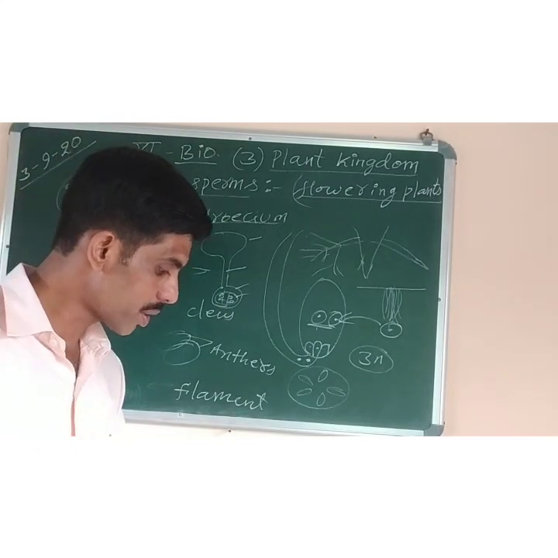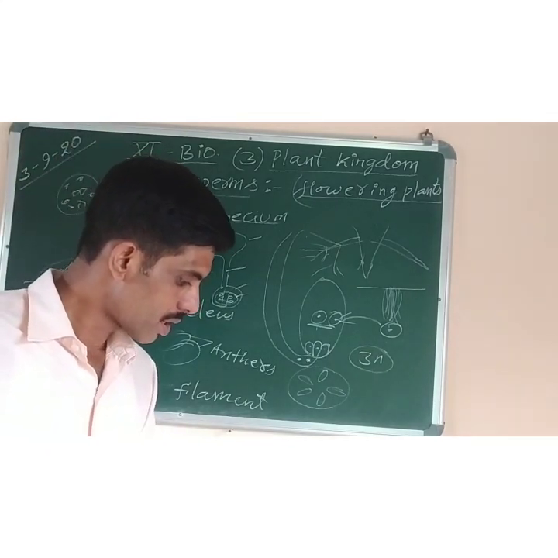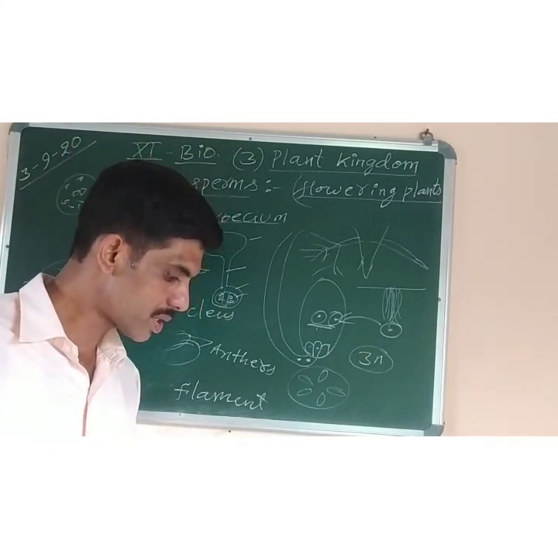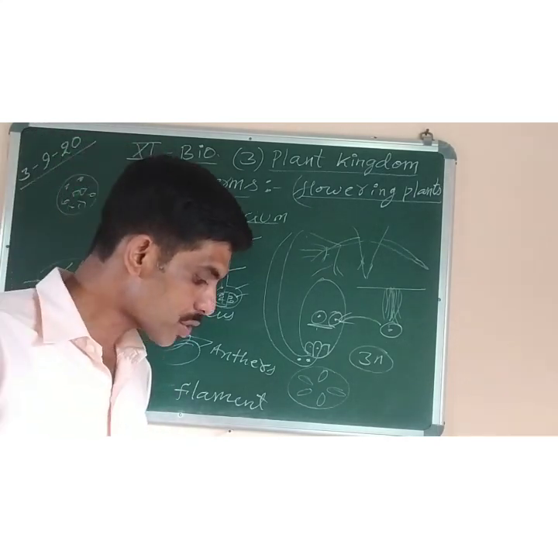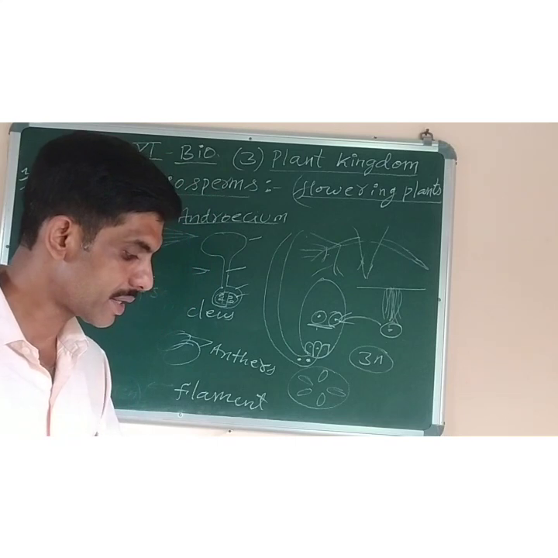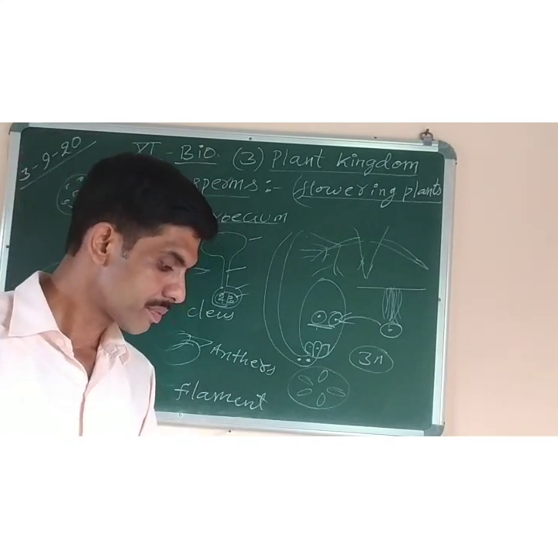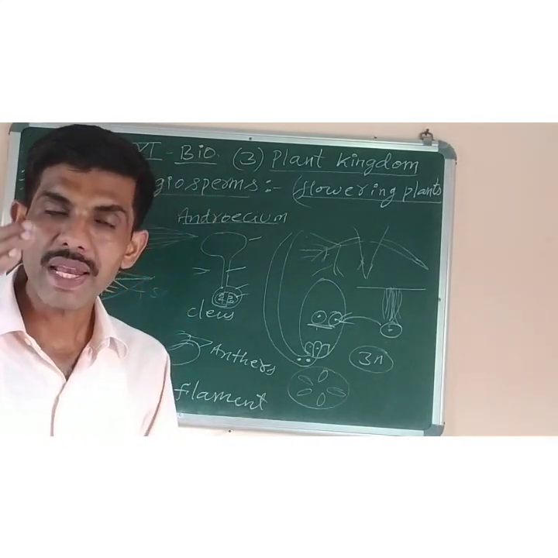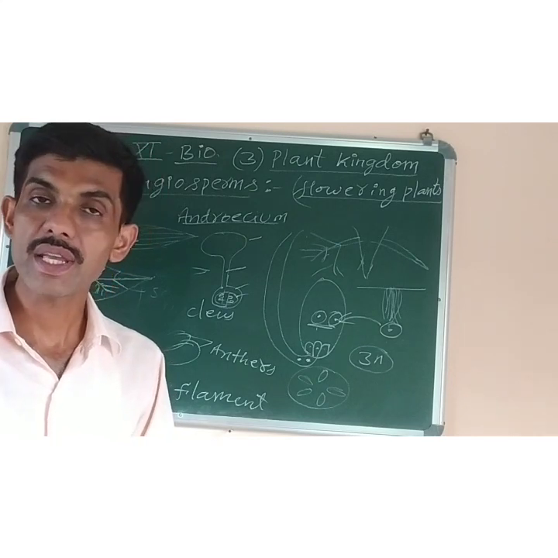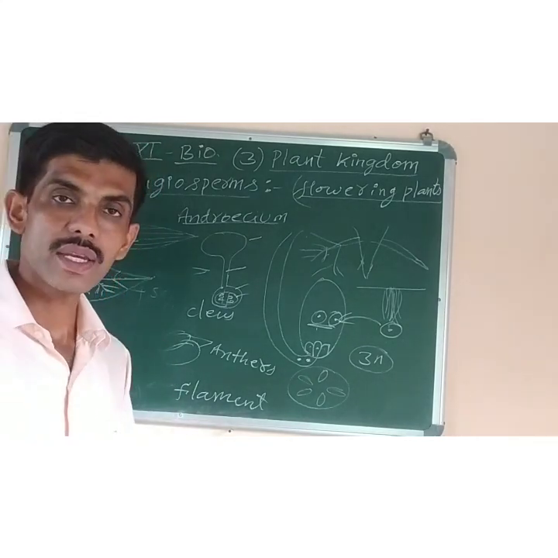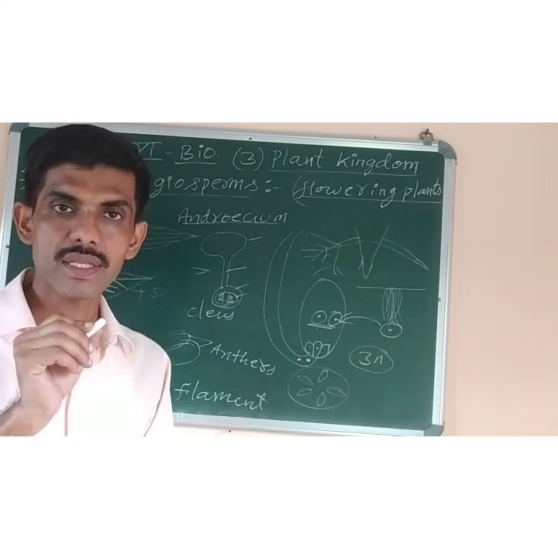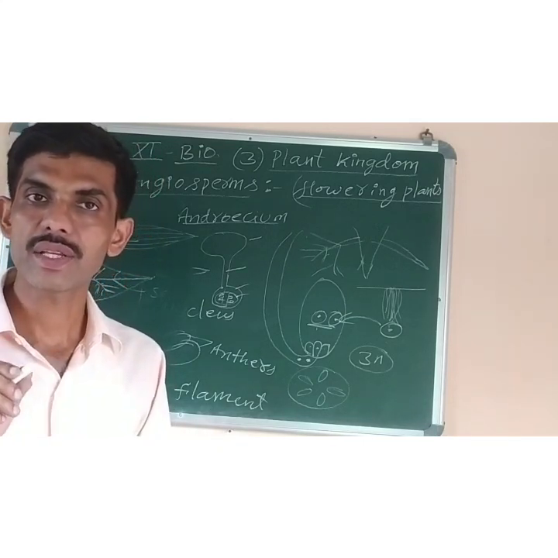Now next, one more important point. Leaf base, ligules, petals is present. Now next, in monocots the mesophyll is not differentiated into palisade and spongy cells, but in case of dicot, spongy cells and palisade cells are found in the mesophyll.